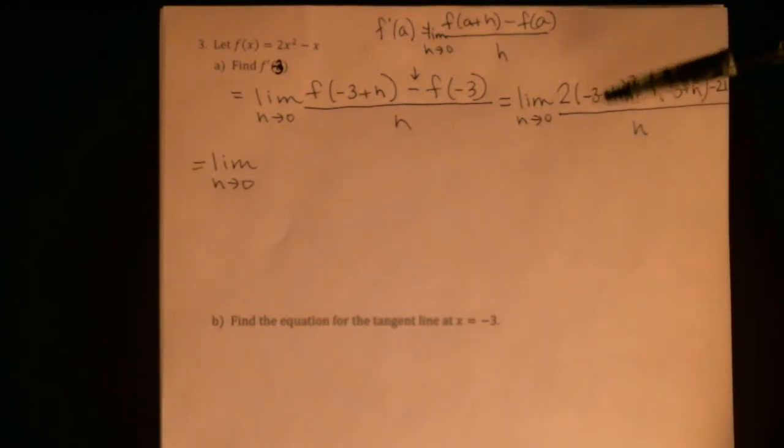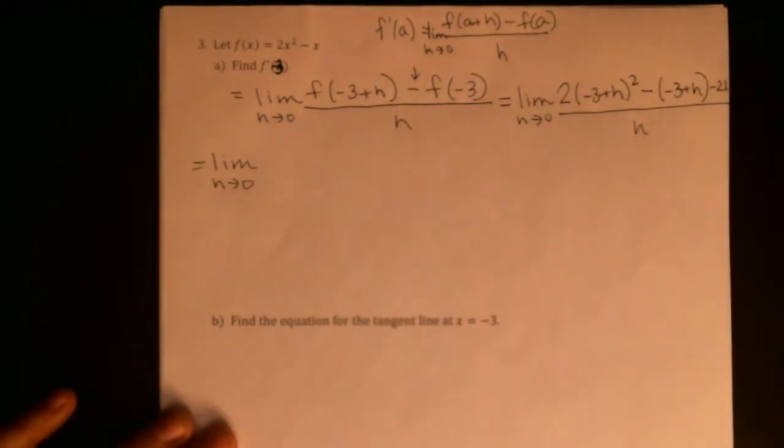But on the top, as h goes to 0, you get 2 times -3 squared. So -3 squared is 9, times 2 is 18. And then we have minus -3, so that's plus 3. 18 plus 3 is 21, minus 21, so it's a 0 over 0, which means algebra is a good thing to try.